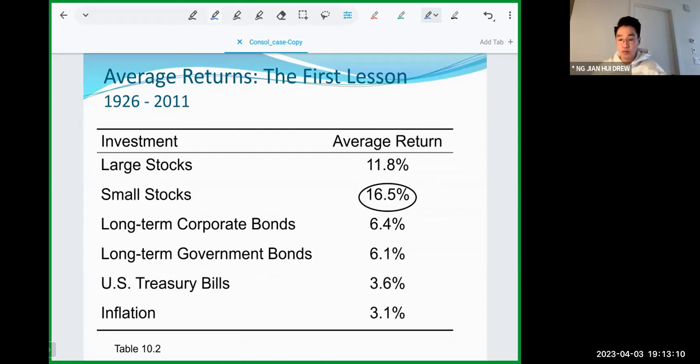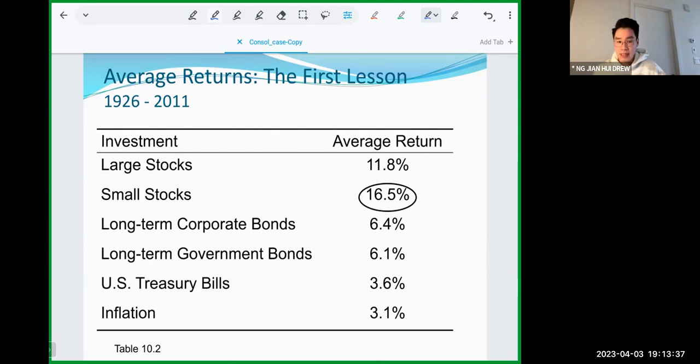Which one do you think is the most risky investment? Okay, so inflation is not really an investment. You can't really invest in inflation, but thanks for the answer.